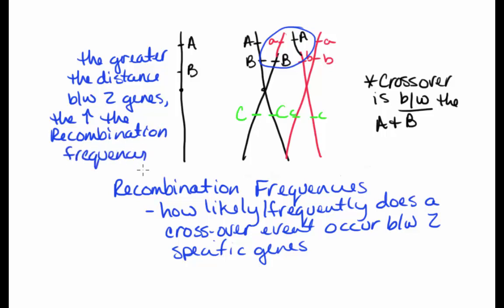In other words, the more likely that there's going to be a crossover event between them. So if you have two genes that are located very far apart, there is a good chance that there will be crossing over between them. However, if you have genes that are located very close together, that recombination frequency, or the likelihood, is going to go down a lot, because there is just not as great of a distance for that particular event to occur within.